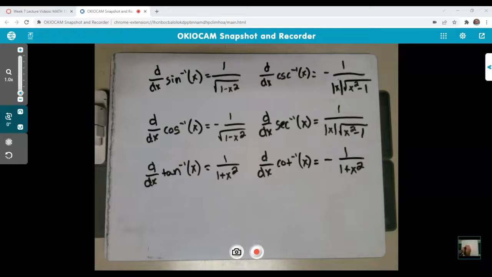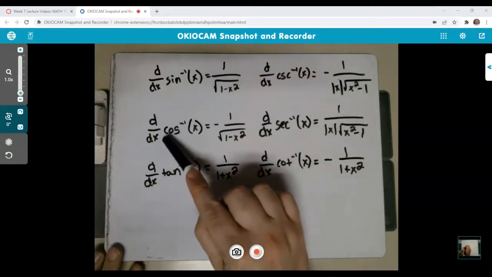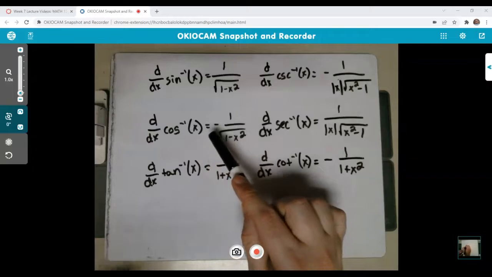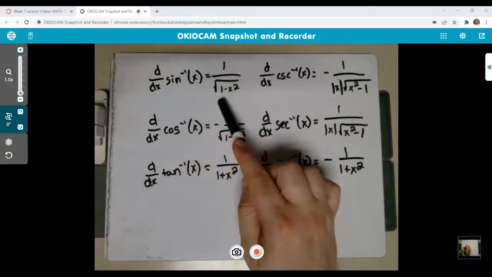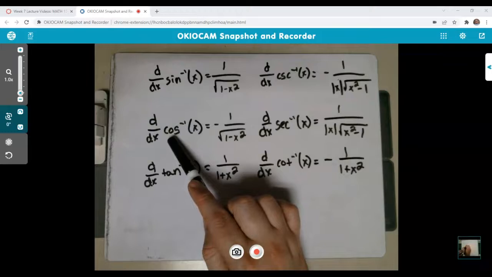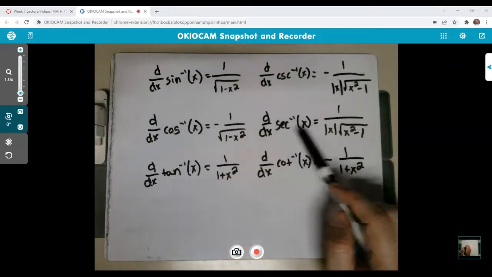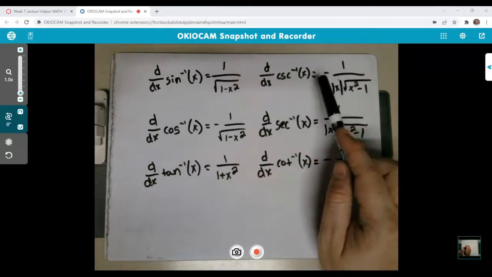Just like when we wrote all of these down for just the plain trig stuff in section 3.5, notice how the cosine over here is the same as what the original was, just changing what the sine is, right? So sine is equal to this, cosine is the same thing with just my sign changed. Same thing over here, secant is this guy, cosecant is the same thing with my sign changed.